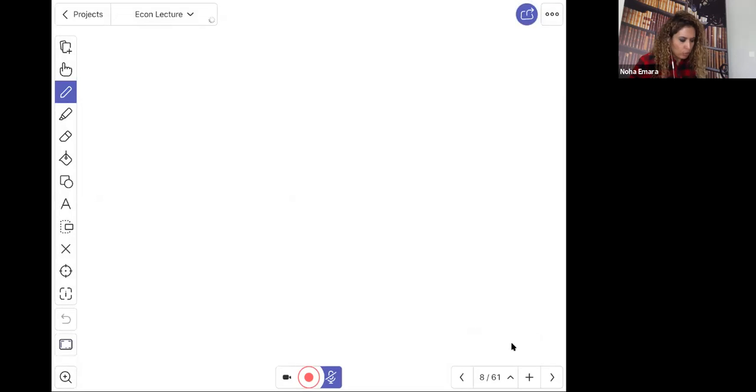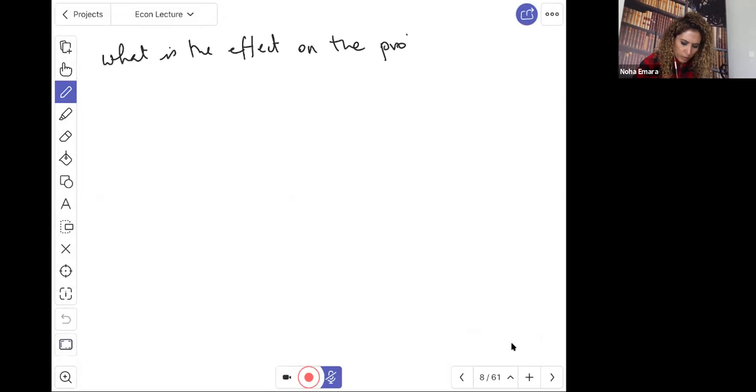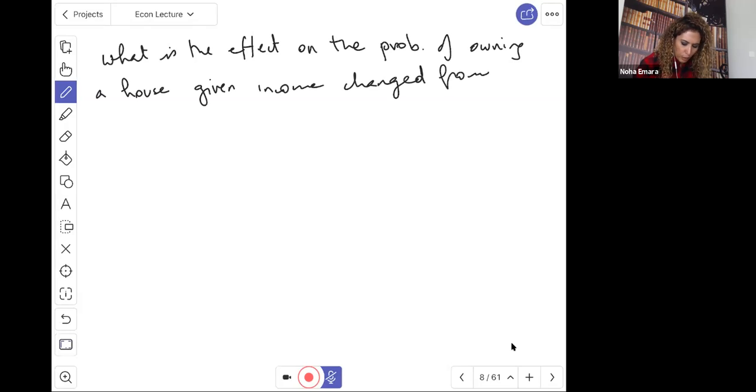Another thing that we can do is, if I ask you what is the effect on the probability of owning a house, given, so this is the condition, conditioned on income changed from $1,000 to $2,000.